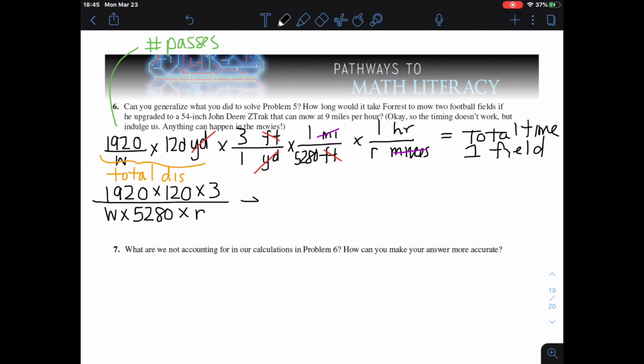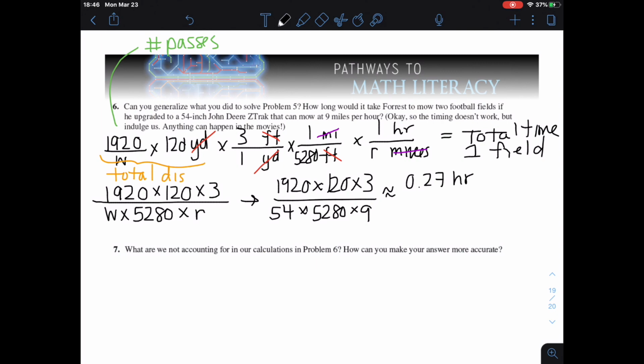For this specific example, we're told that the width of the blade is 54 inches and the rate is 9 miles in 1 hour. So it will take him about 0.27 hours to mow one field.